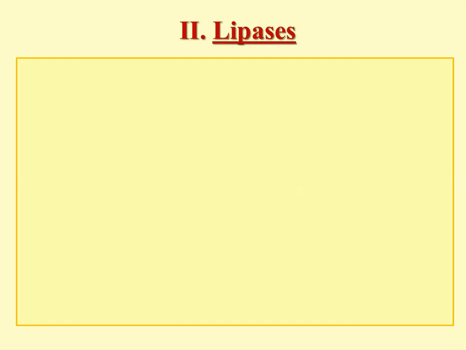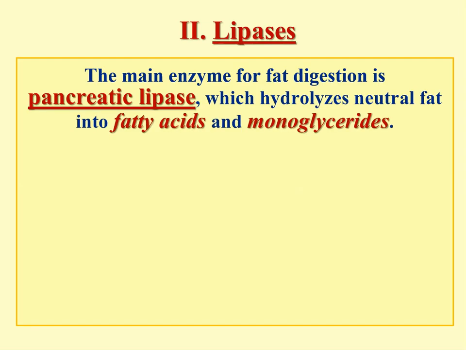Lipases. Number one is the so-called pancreatic lipase, which hydrolyzes neutral fat into fatty acids and monoglycerides. This is a very powerful enzyme that splits fats very quickly. It just needs a high surface area of fats.